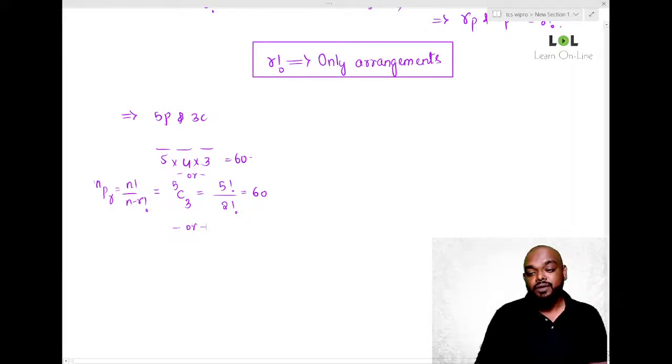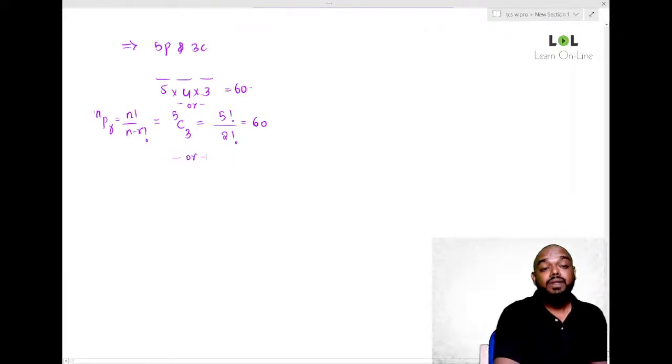Observe. First we need to select people. I cannot put all the 5 people in 3 chairs. I need to select 3 people. How do we select 3 people out of 5 people? 5C3. Now you selected 3 people. Once you select, you have to arrange them. You selected 3 people, for them 3 chairs. 3 people, 3 chairs can be arranged in 3 factorial.